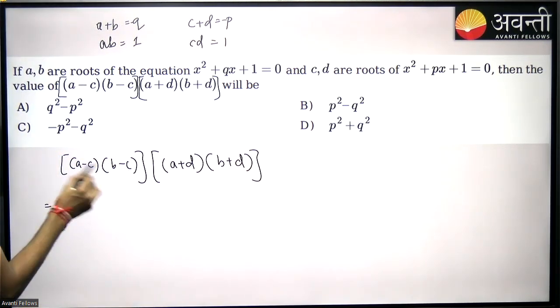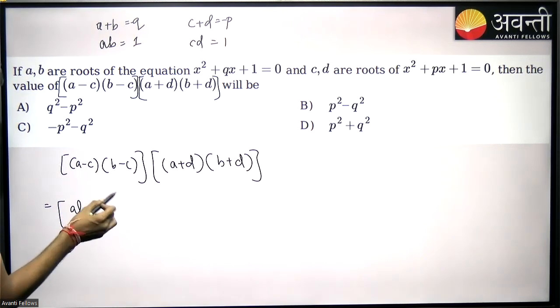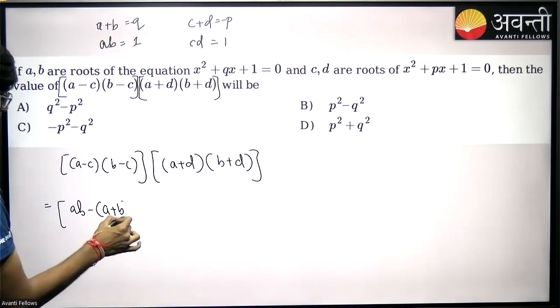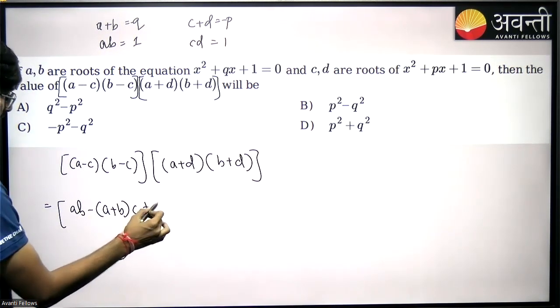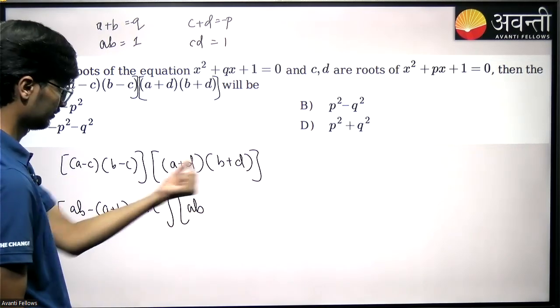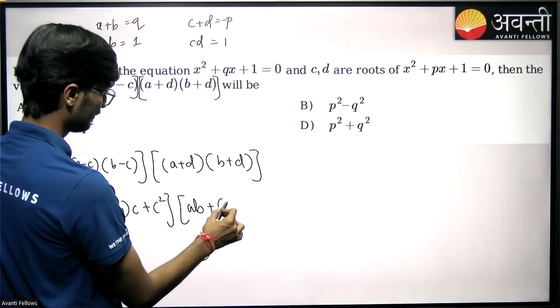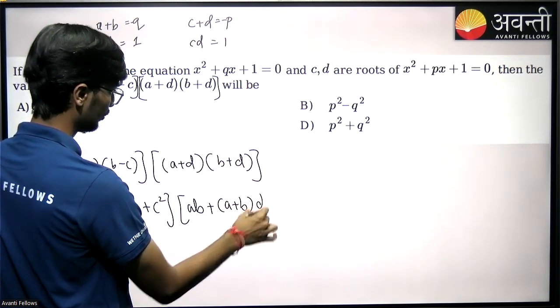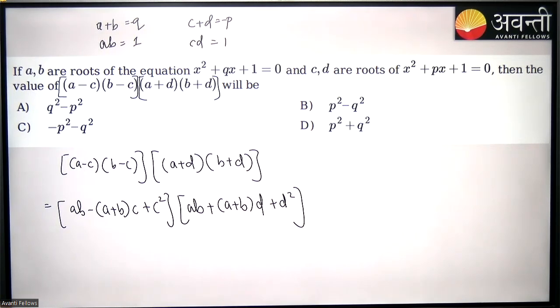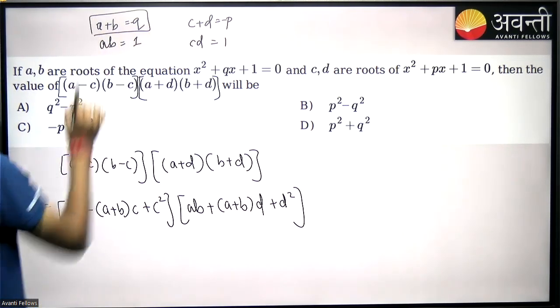So we can open these brackets: ab, ac, bc. So minus (a plus b) into c plus c square. Here ab again, plus (a plus b) into d plus d square. So we can substitute a plus b as q.